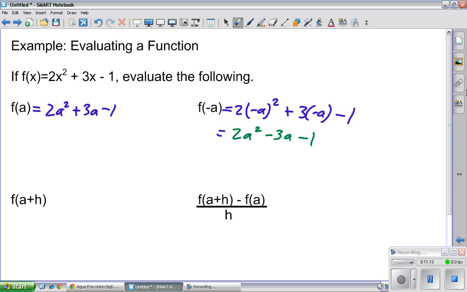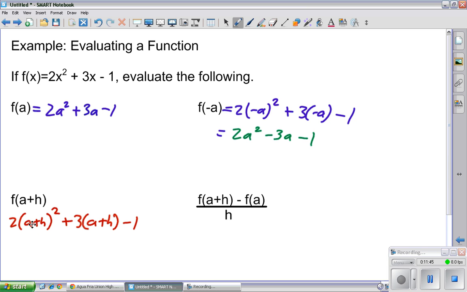Or, if you're plugging in a plus h, it's the same thing. Wherever there's an x, you write a plus h. So f of a plus h equals 2 times a plus h squared plus 3 times, instead of x, we'll write a plus h, minus 1.